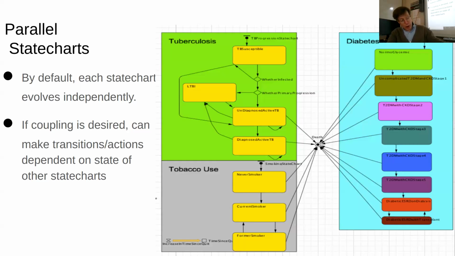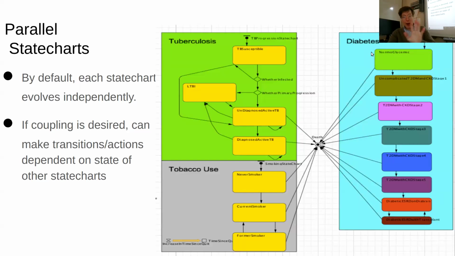State charts are frequently positioned side by side to achieve an economy of expressiveness with respect to different concerns and to allow for a separation of concerns. So we might have a state chart with respect to TB, to tobacco use, and to diabetes, for example.